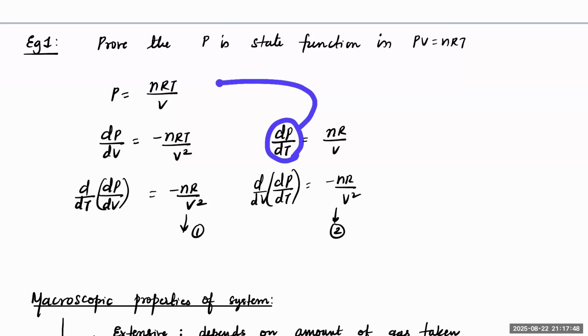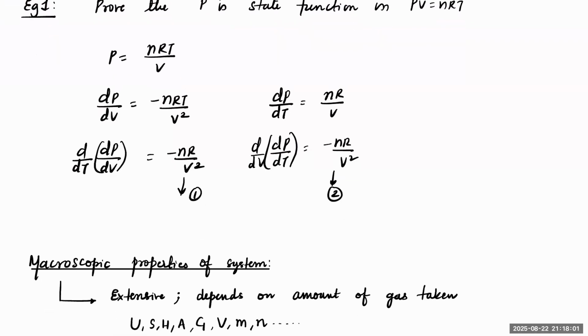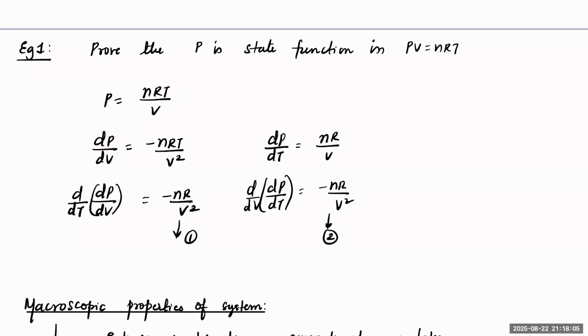If you differentiate P = nRT/V with respect to temperature, it will become nR/V. Thereafter, you differentiate that with respect to volume. Again, you will get minus nR/V². So you notice that both values come out the same, which proves that pressure is actually a state function in an ideal gas. Clear, everybody?